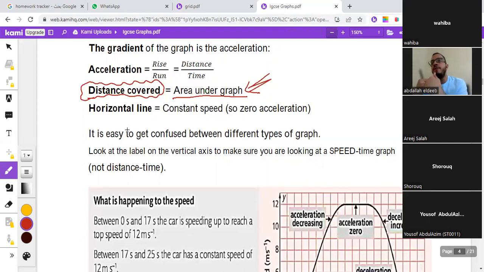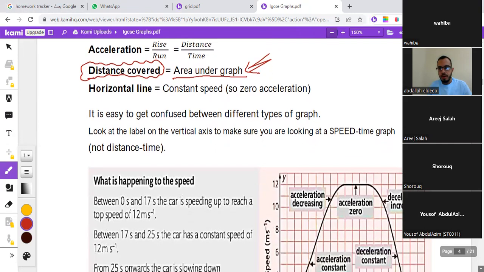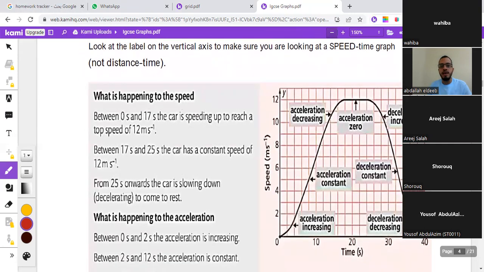If the graph is like a triangle, you find the area of the triangle. Once you find the area, you calculate the distance covered by the object moving. Okay? Let's see. We're gonna have the same like before.